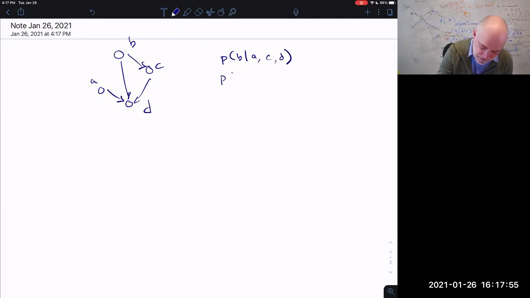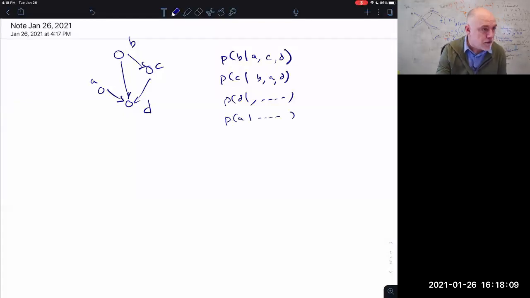We also need to be able to write down the conditional distribution of C given B, A, D, and D given everything, which is going to be really easy to sample from, and then P of A given everything as well. Okay, so if we have all of these conditional distributions, we can write down a Gibbs sampler and just go to town, right? But in particular, if we're doing Metropolis, what happens is we're going to end up writing down the joint distribution, right?